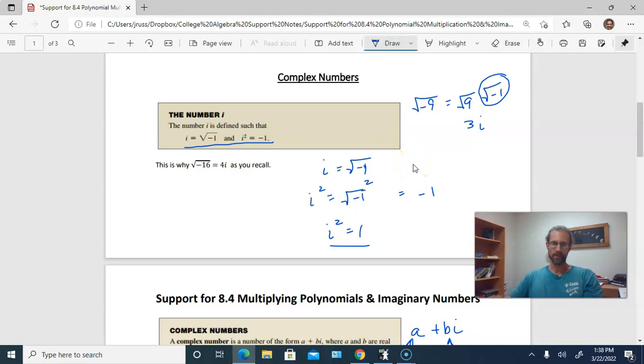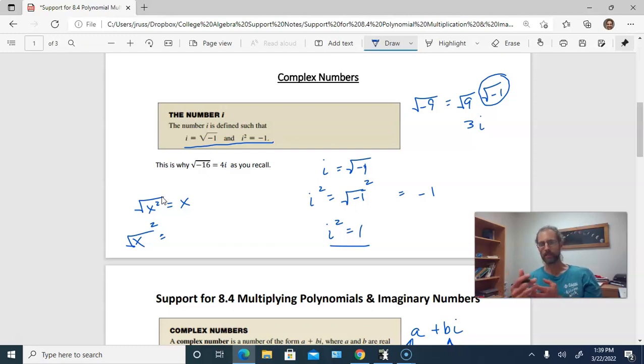And the reason for this is because think about the square root of x squared. The square root of x squared is just x. When you take the square root of something that's already squared, you just get that something. But the example that's more pertinent is the square root of x, squared.